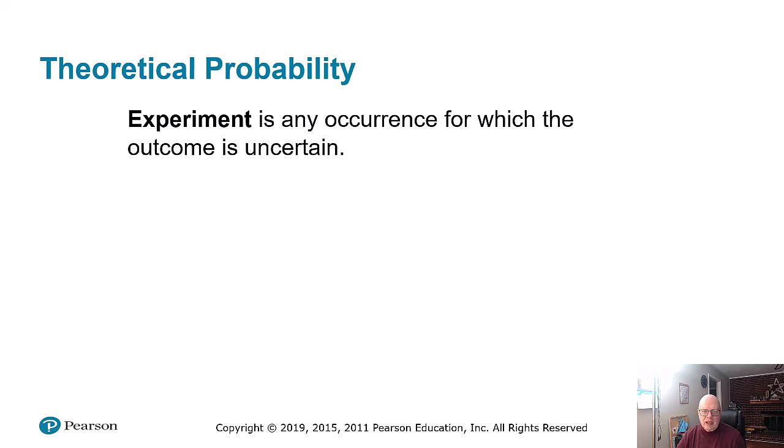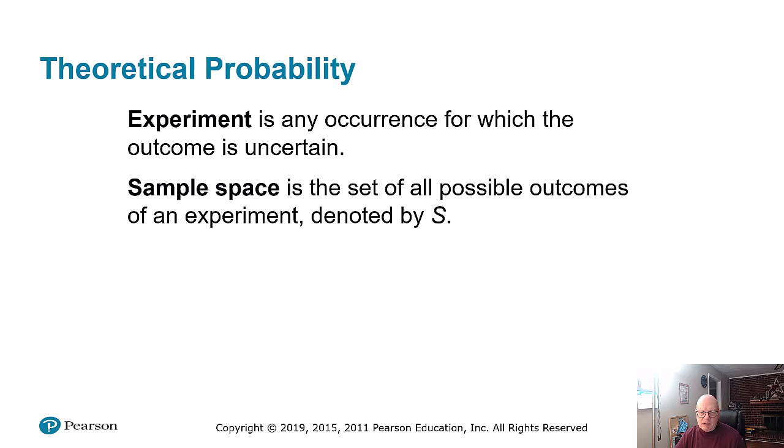Theoretical. Now, this is something for which the outcome is uncertain, and your sample space is all possible outcomes. So that's something to keep in mind. Sample space. It's a set we talked about in chapter 2, and it's all the possible outcomes lumped together.